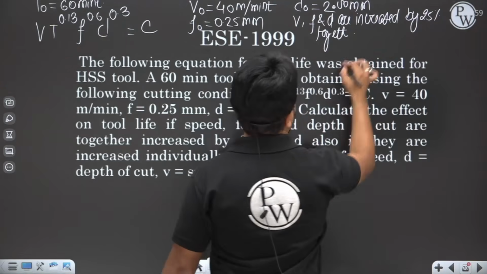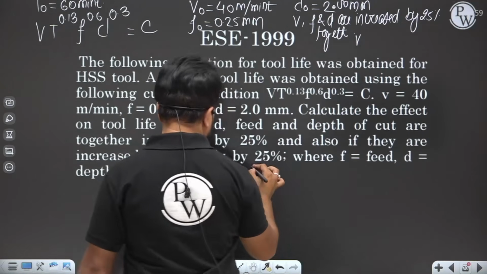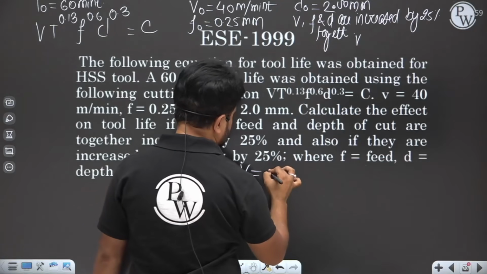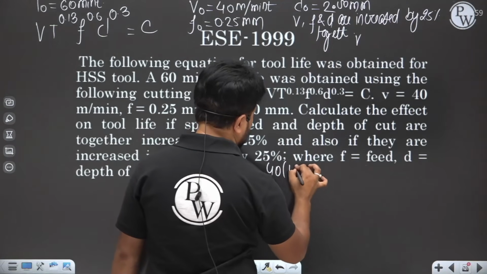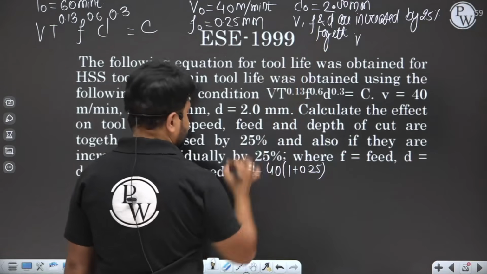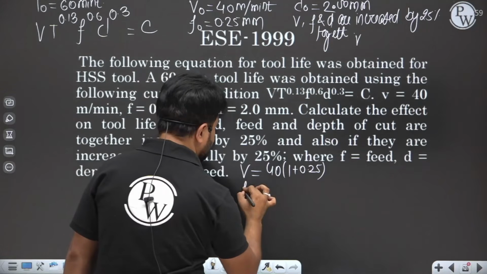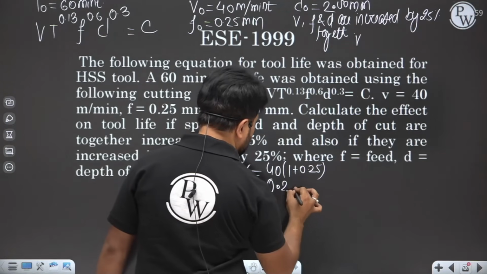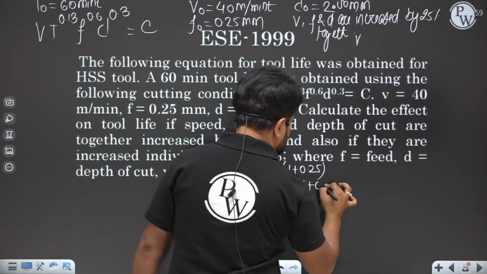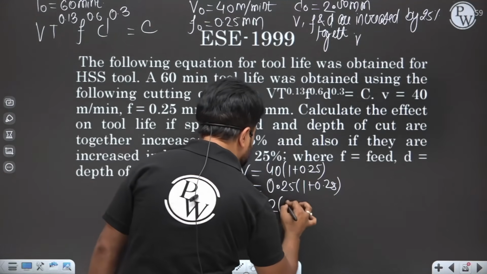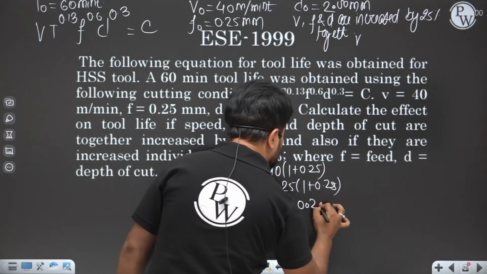Then velocity equals 40 into 1 plus 0.25, feed equals 0.25 into 1 plus 0.25, and depth of cut is 2 into 1 plus 0.25.